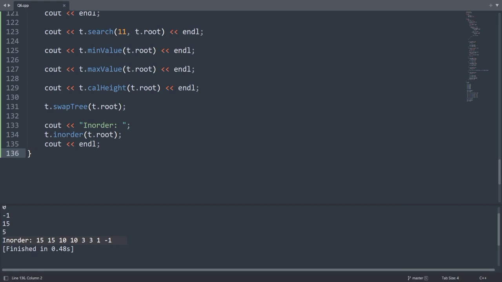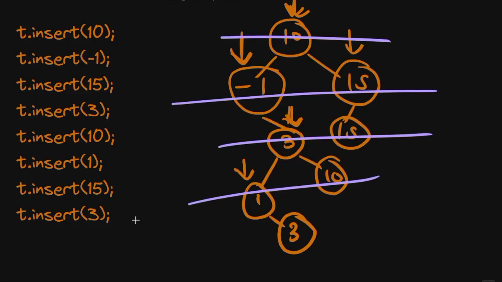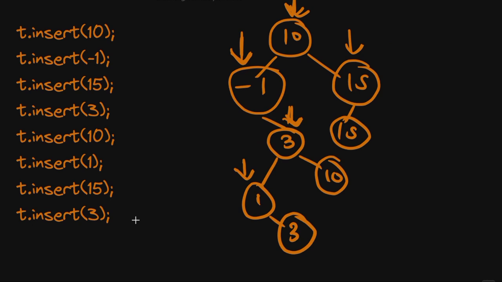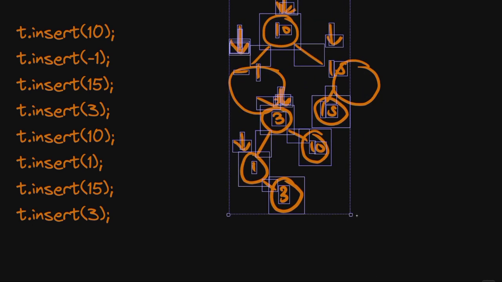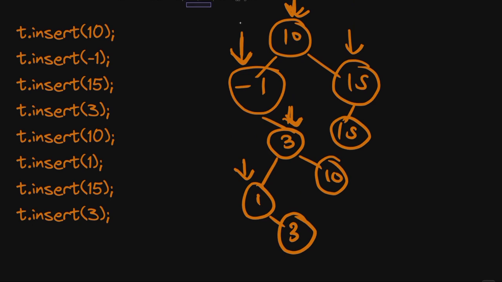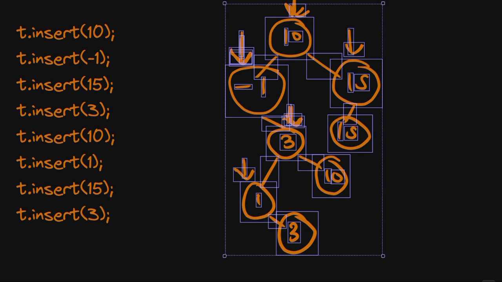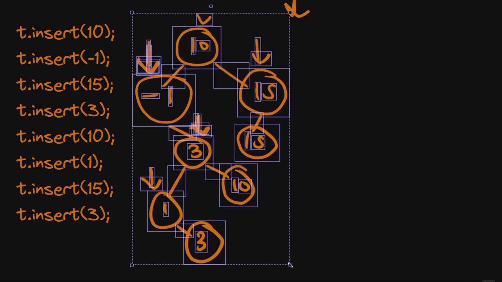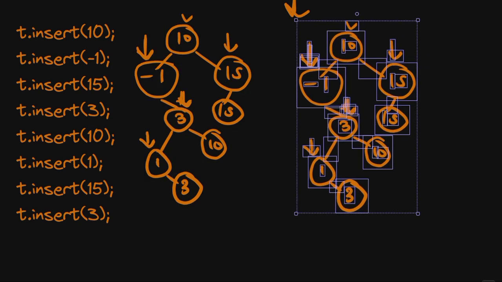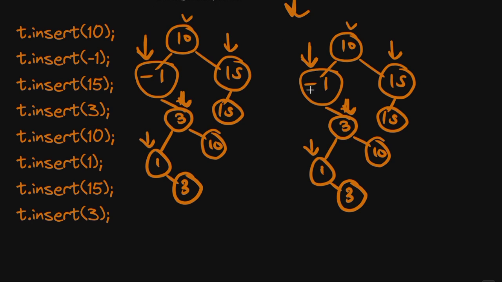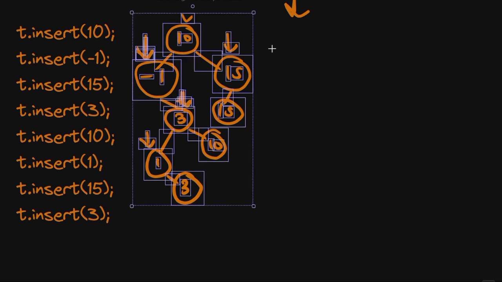Let's just verify whether this is correct or not. Assuming the same tree, we're basically going to each of the nodes and reversing it. Let me just build it.